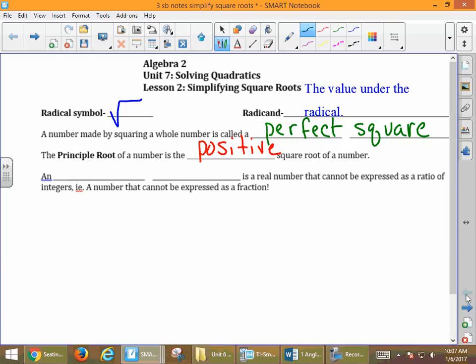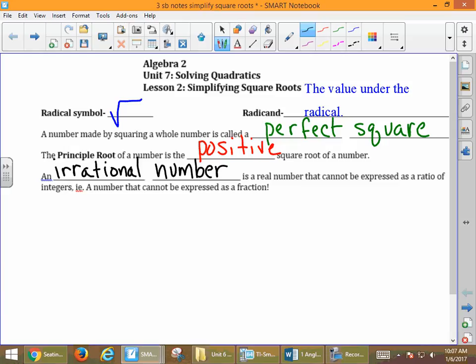When we can't simplify a radical, then it is called an irrational number. It's a real number that cannot be expressed as a ratio of integers. Well, what that means is that we can't write that value as a fraction.